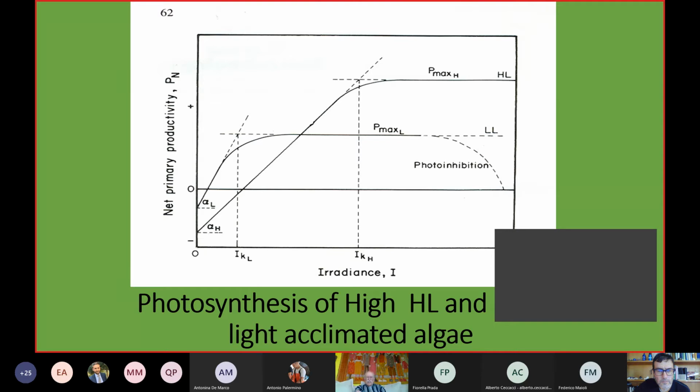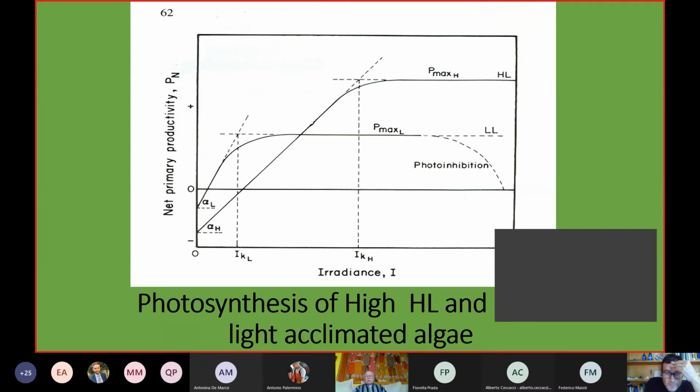Okay, now please look at the slope. That slope, the tangent, you remember your trigonometry lessons many years ago? What is the tangent? I have a question. Why does the high light system become saturated at a much higher irradiance?